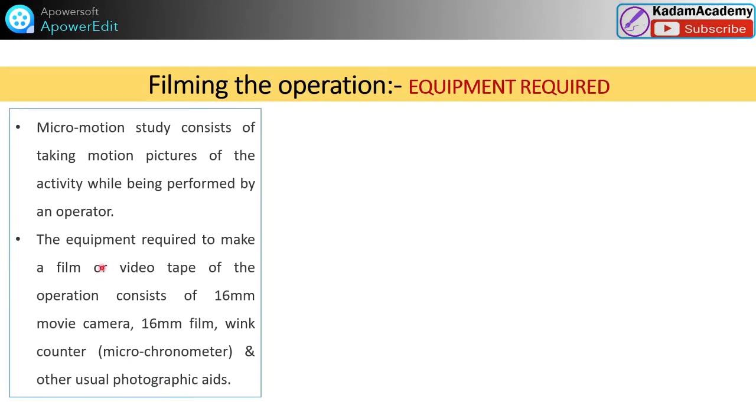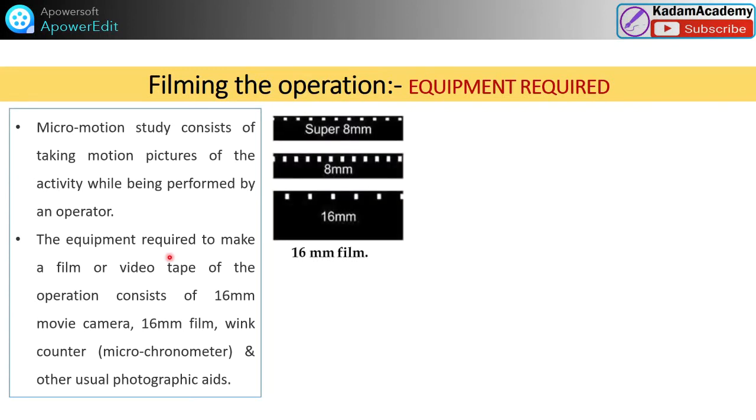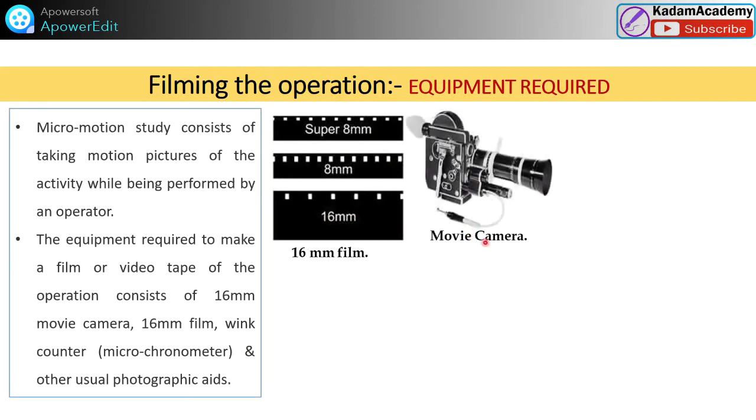These were suggested before the evolution of digital cameras. So friends, this is the 60 mm film. The films have a larger view and give high resolution. The movie camera records all the motions.